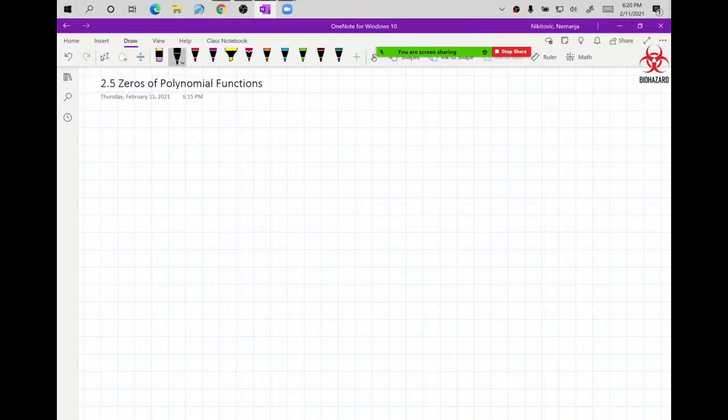Eventually, when you learn enough of other functions, you will realize that polynomials are the evil ones, right? Because it's really nasty to find zeros, and today's lecture is just one attempt to find zeros, because as you are going to see, there is no other way unless you are using technology, which we have opportunity for today.